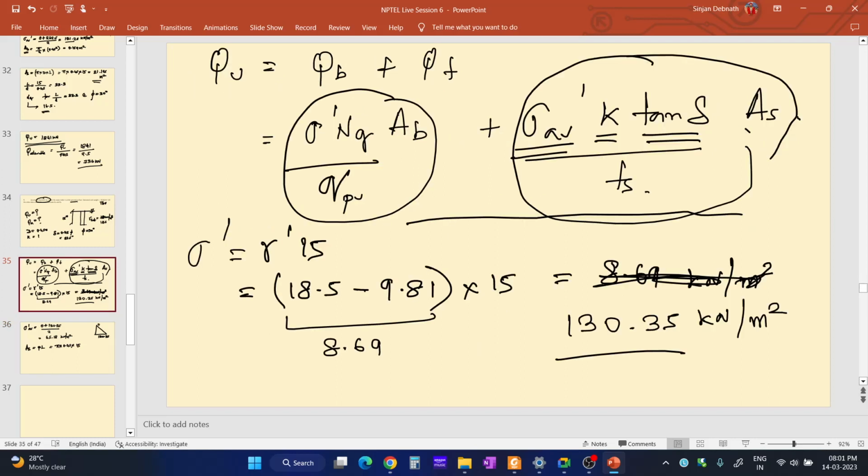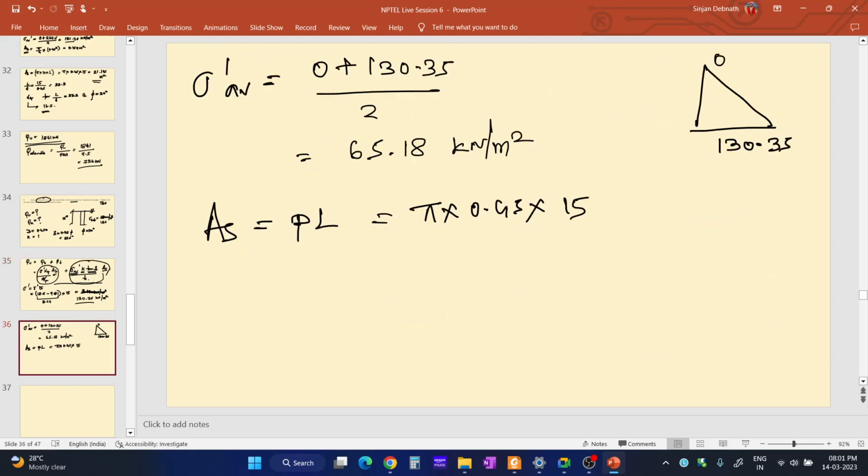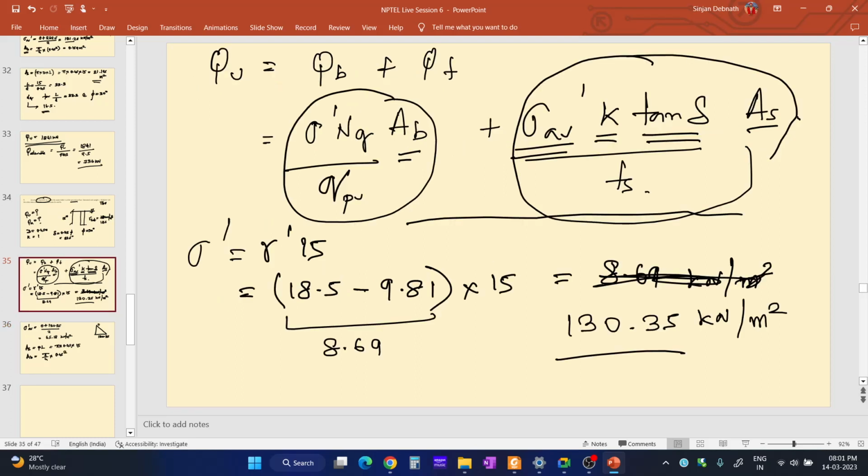So this one is the surface area of the pile. You know the AB. What is the AB? AB is the area of the base of the pile. So AB is pi by 4 into d square. How much is d? It is 0.45 meter. So if you calculate these two terms, and you know sigma dash, AB, sigma dash AV, K, tan delta, and also AS, you just need to find out NQ.